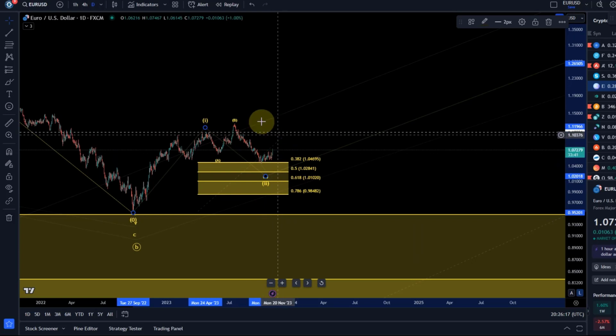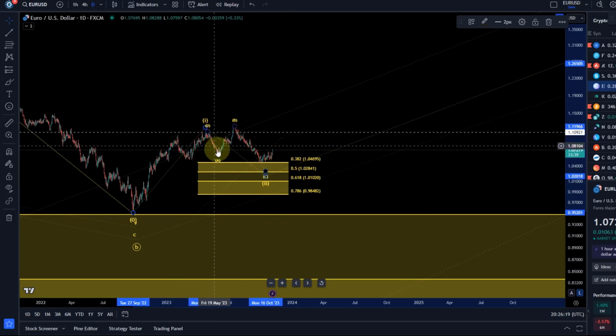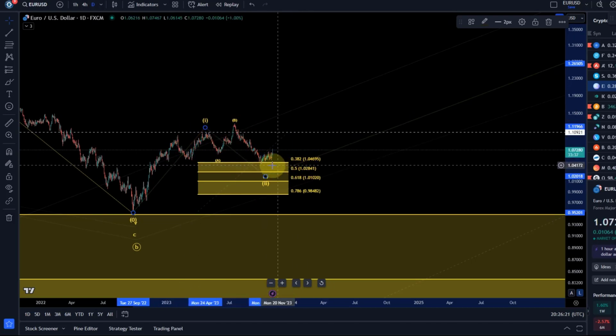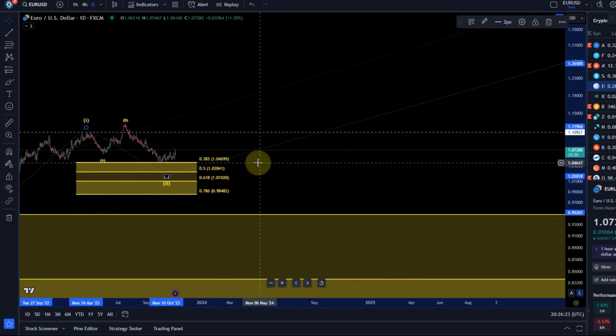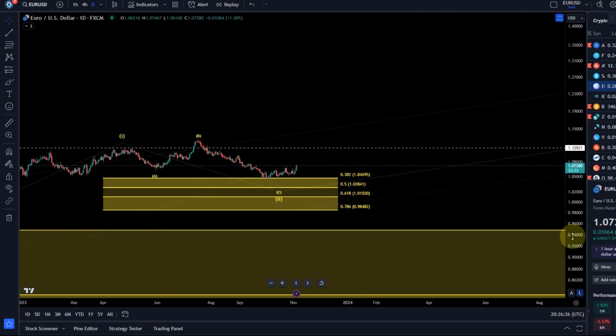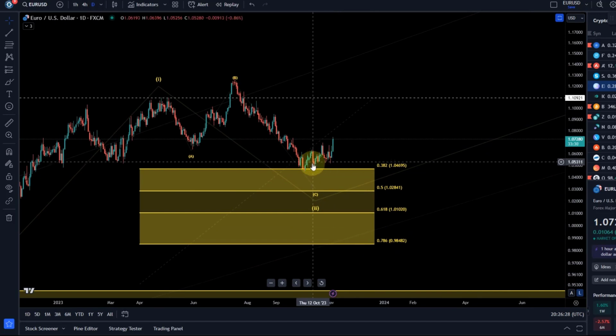If we assume we have this 3-wave move down complete, completed in October this year, in our support area, then we could have started potentially an increase. We could have started that uptrend that I talked about. First of all, it's not guaranteed yet.